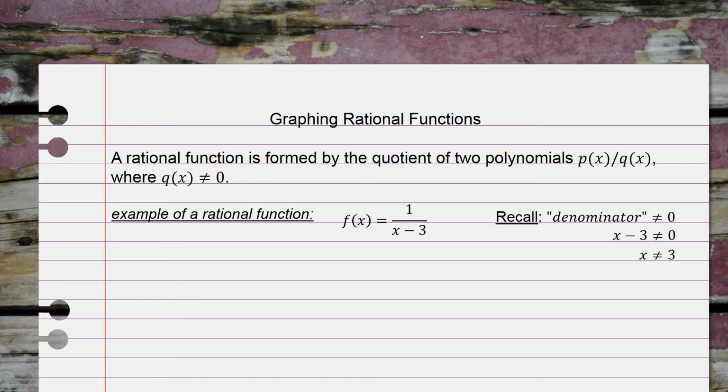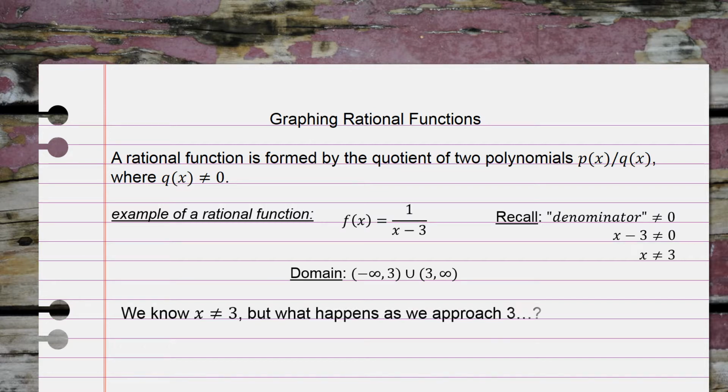Well, that affects our domain. So if 3 is removed from our domain, then what is left? Well, that means our domain would be from negative infinity to 3, close parenthesis, union, picks back up at 3 with the parenthesis, and continues to the right to infinity.